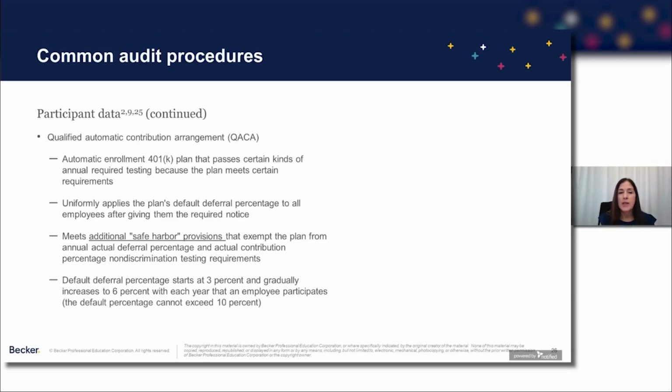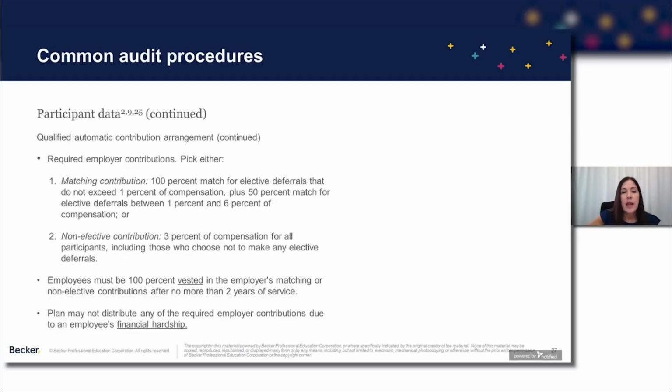And because the QACA has this additional safe harbor provision, the QACA plans are going to be exempt from the ADP and ACP discrimination test. With the QACA, that default percentage generally starts at around 3% and gradually increases to 6% with each year that they participate. And that maximum QACA default percentage increases until it reaches the max of 15% now. Unless it's the participant's first year, then it's still at the 10%. And so that's your QACA.